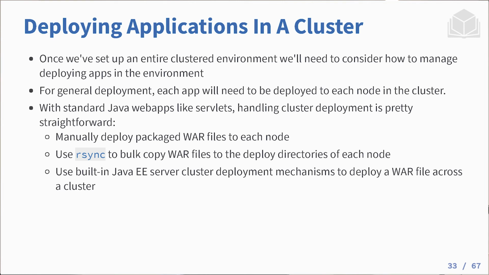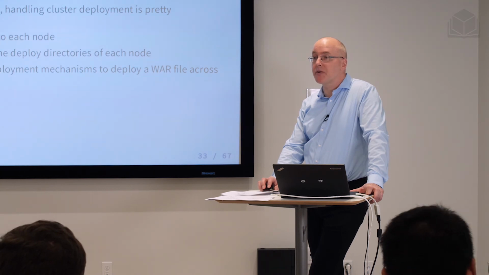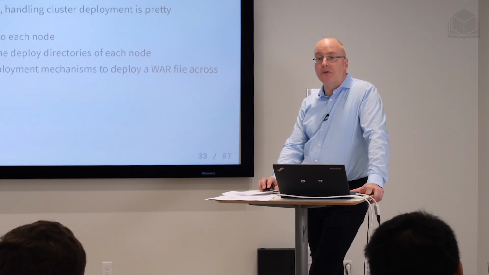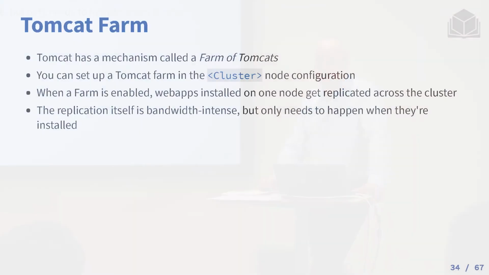However, in Liferay, that's not quite sufficient because we need to take care of the OSGI container as well. An easy way that we are using in this course is we're building both instances that we create from the same Docker image. So naturally, they are the same, they are identical. Quite a neat way to do so. As this is a Liferay course, I'll just point you to Tomcat Farms.